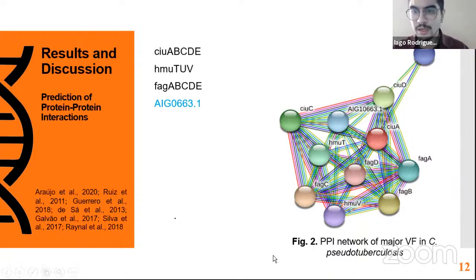It is illustrated in figure 2 here, containing proteins of the clusters CIU ABCDE, HMU TUV, and FAG ABCDE, as described previously as important virulence factors of this genus.